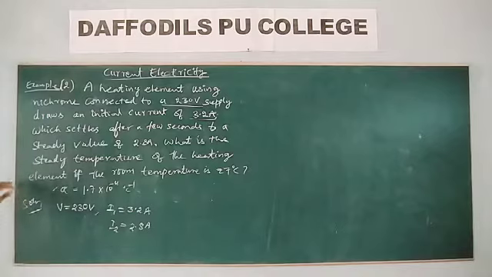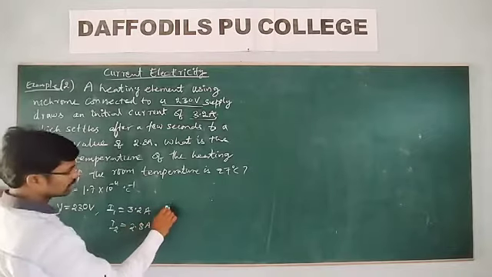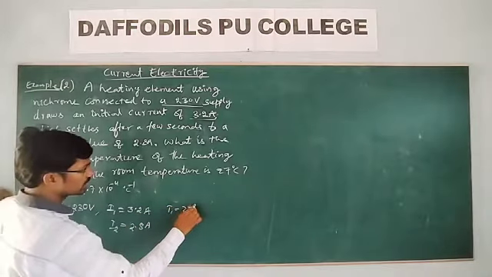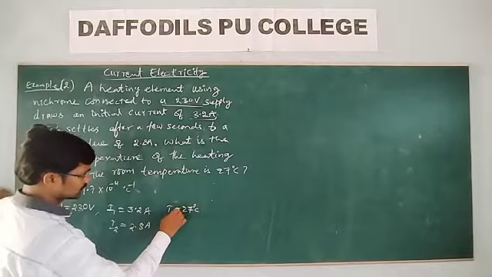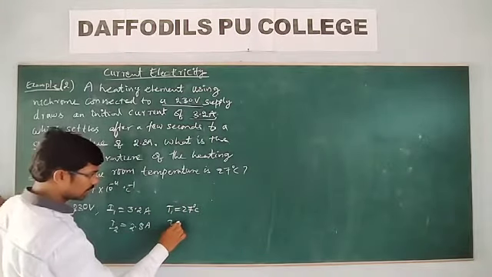What is the steady temperature of the heating element? The room temperature is T1 equal to 27 degrees Celsius. You need to find the T2 value.